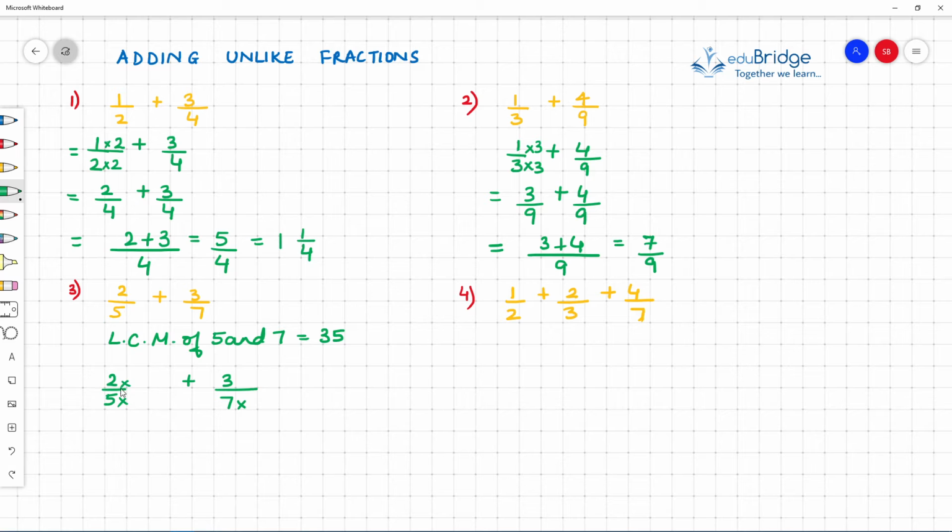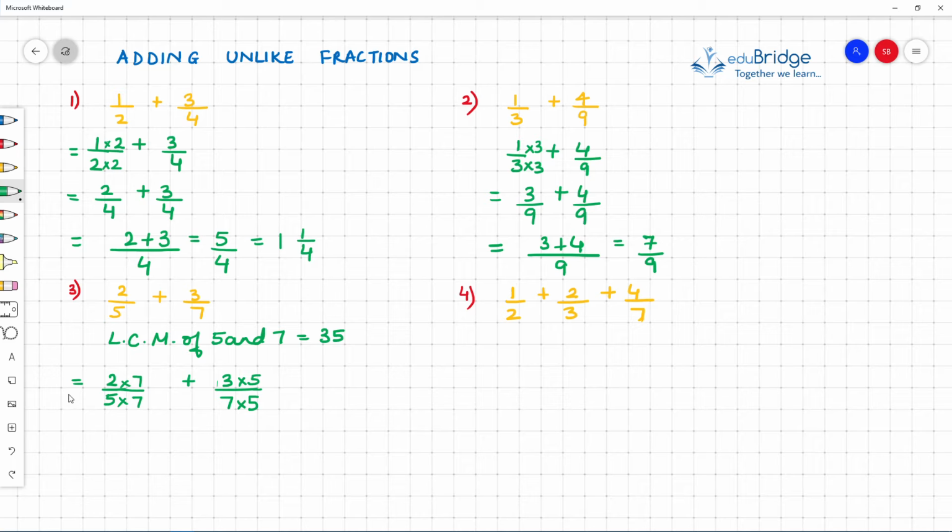How do we do that? The first fraction gets multiplied with the denominator of the second fraction, so this will be times 7, times 7. The second fraction gets multiplied with the denominator of the first fraction, so this will be times 5, times 5.